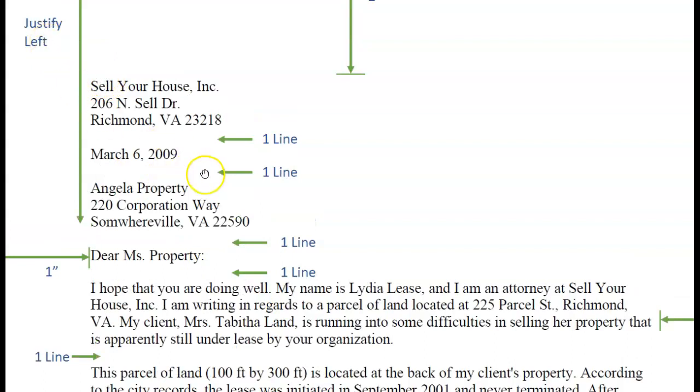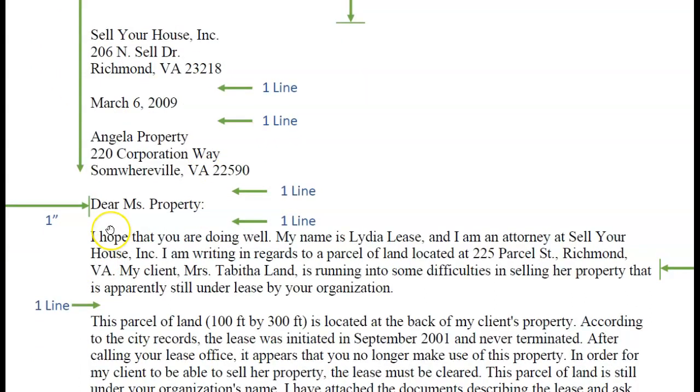They're justified on the left-hand side. Justification means how it's lined up on the margin. In business correspondence, we want everything lined up on the left margin. We do not want full justification, which means it's lined up on the left and right side.